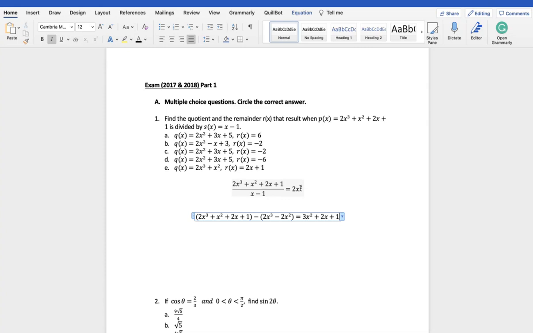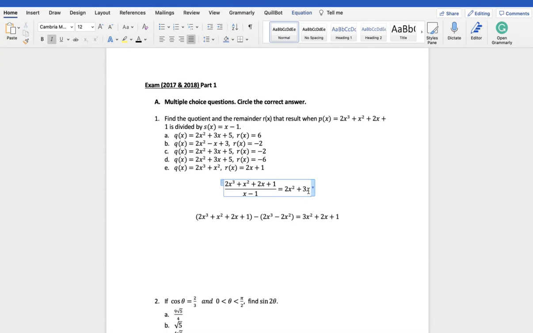Next, you divide this by x minus 1, and when you divide that by x minus 1, you get 3x. So you add 3x there.